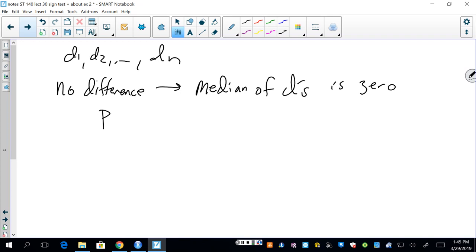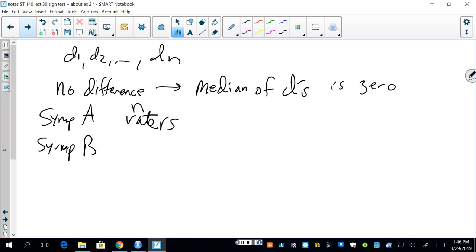So we're going to have a scenario where we have maple syrup version A and maple syrup version B, and raters are going to judge these.